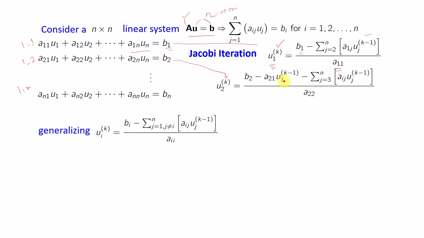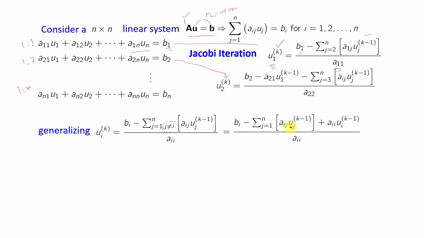So we can generalize this idea by writing Ui k is Bi minus everything else other than Ui. That is why j is summed over 1 to n, but j not equal to i. j equal to i will be this Aii Ui. To write it in a better way, we take this not equal to out, which means we sum all of them.